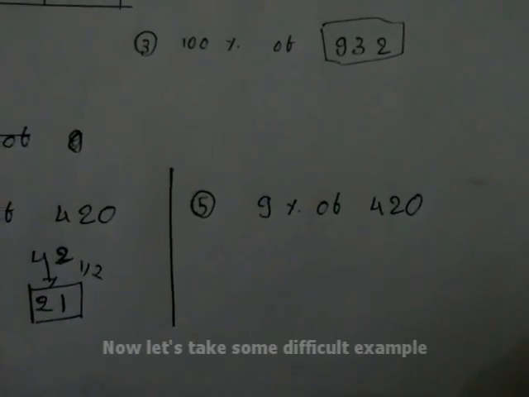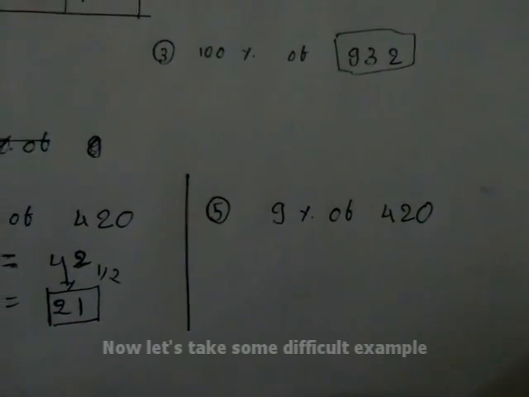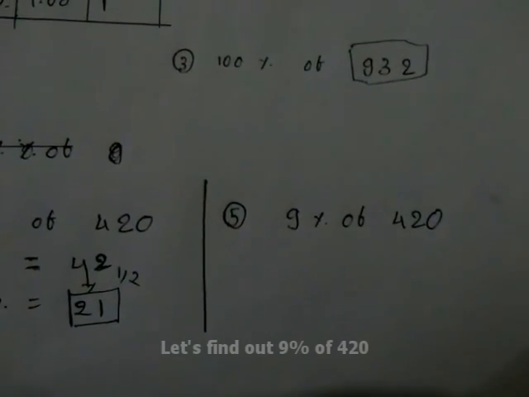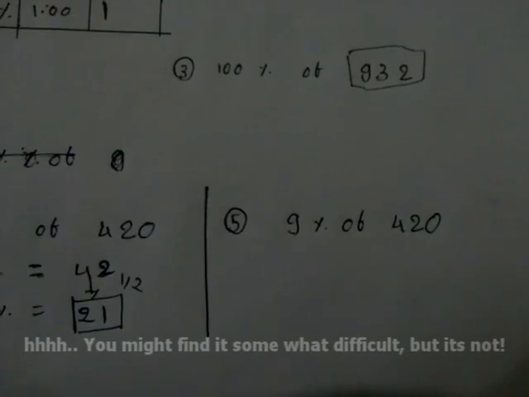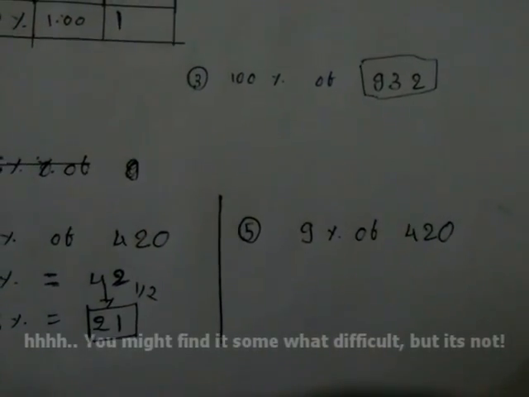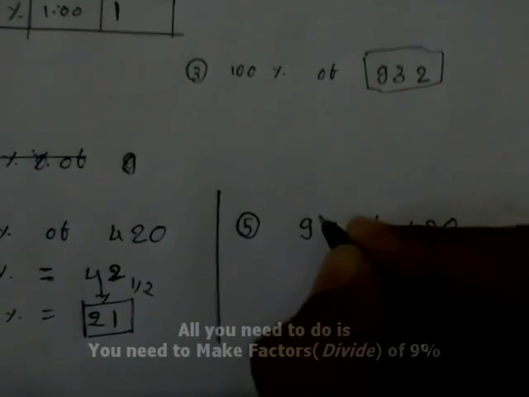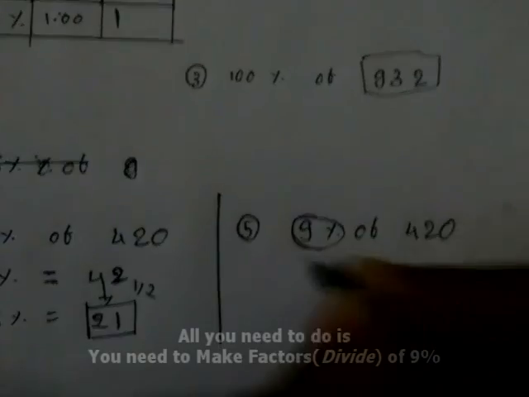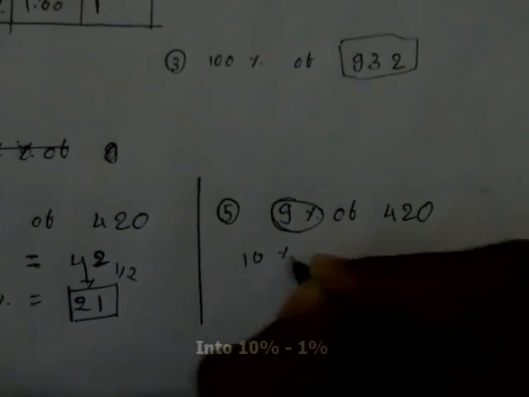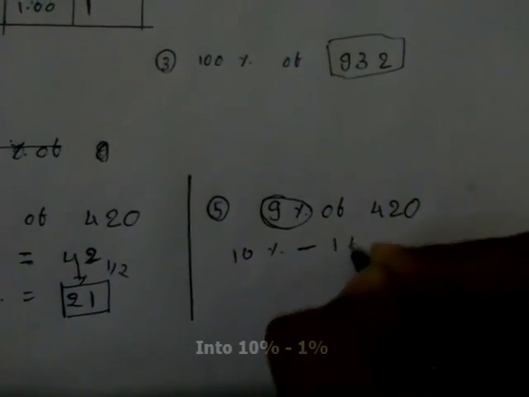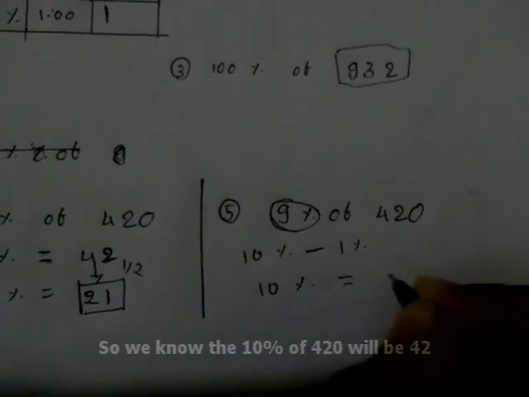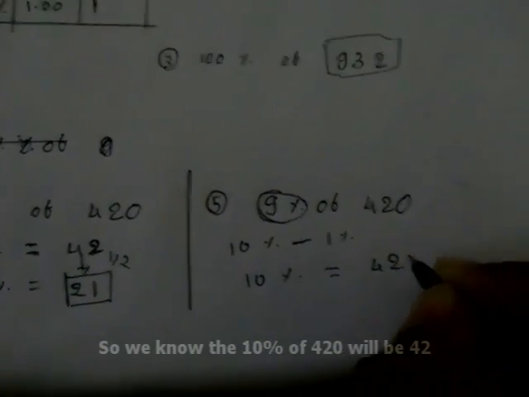Now let's take some difficult example. Let's find out 9% of 420. You might find it somewhat difficult, but it's not. All you need to do is divide the 9% into 10% minus 1%. So we know the 10% of 420 will be 42.